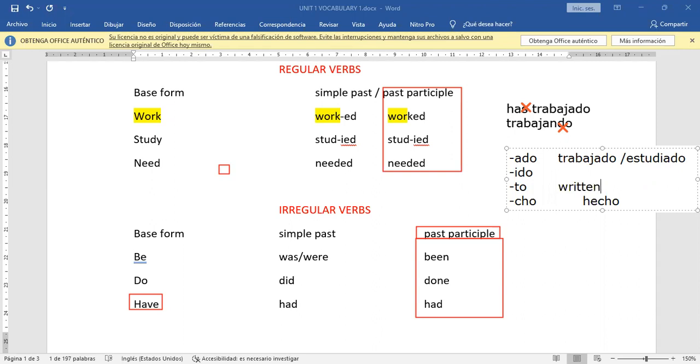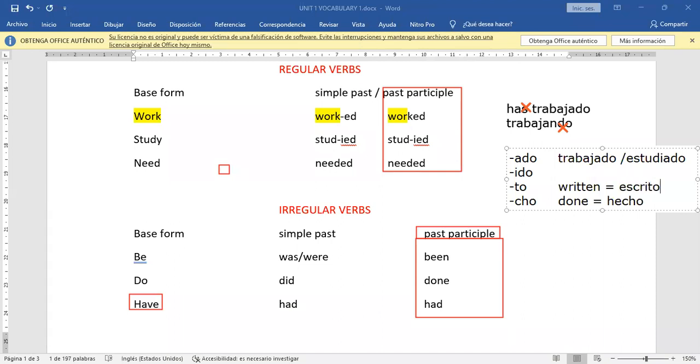Writing. Written. Written is the past participle. What does it mean? Escrito.